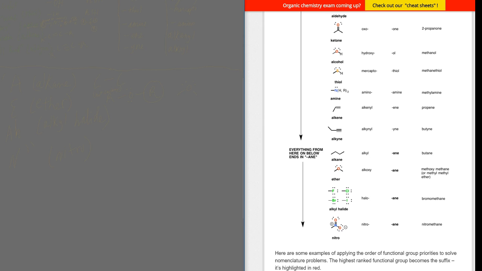Okay, let's see. Ane. So all of those have ane. These all end in ane. That's what this is saying. Okay. Alkyl halide, basically RX. That's basically what it is. And nitro. Interesting.